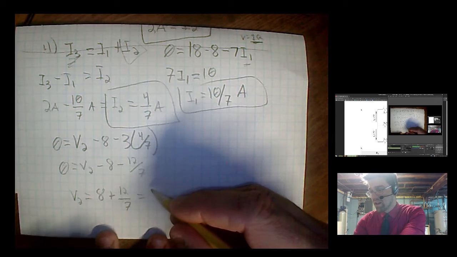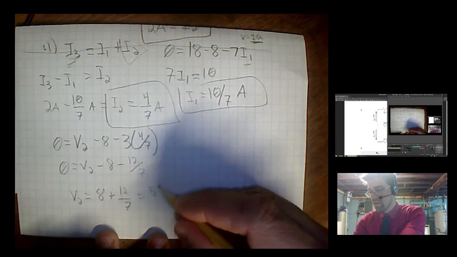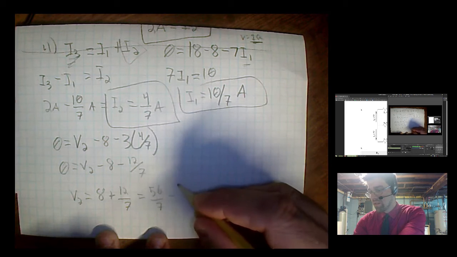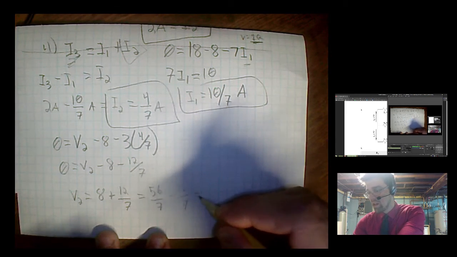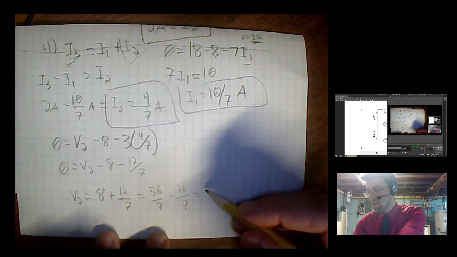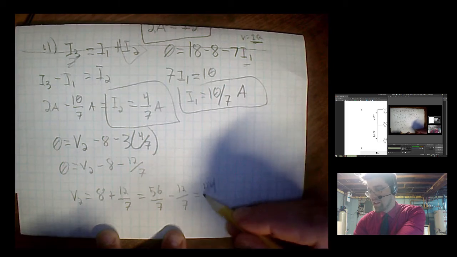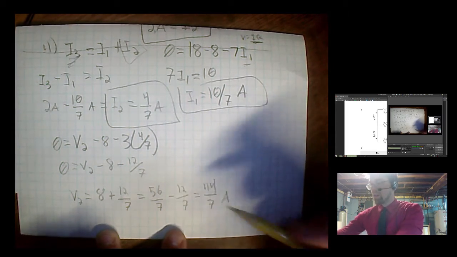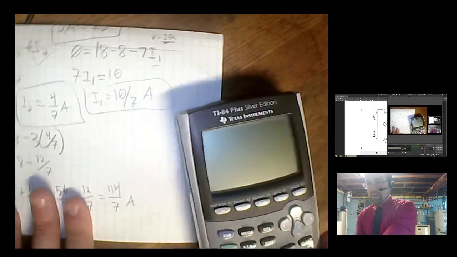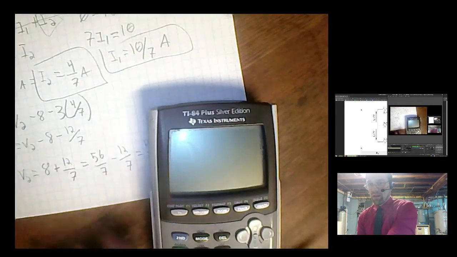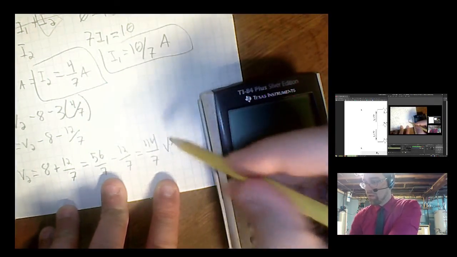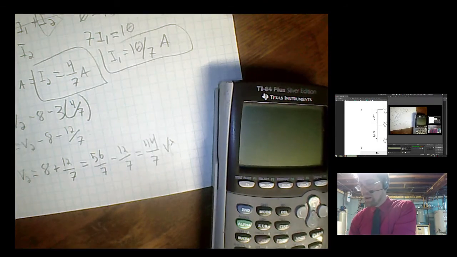Am I doing that right? 56 sevenths minus 12 sevenths equals 44 sevenths? Oh, and sorry, this is not in amps. It's in volts.